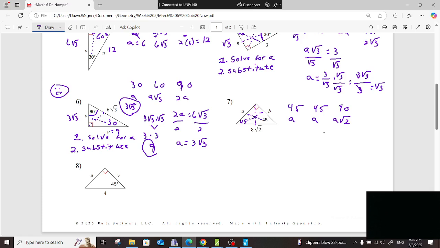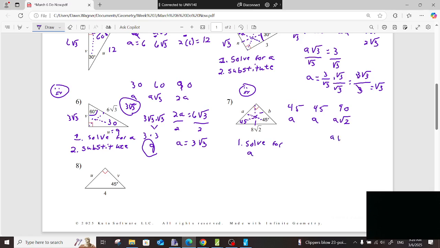Am I going to have to solve for a first, or can I just directly substitute in? What am I given? Where am I given across from? 90. Is 90 your smallest angle? No. So I have to solve first, right? I have an extra step. I have to solve for a.